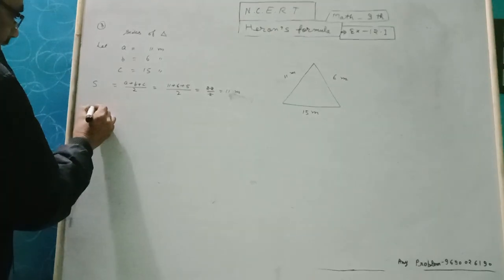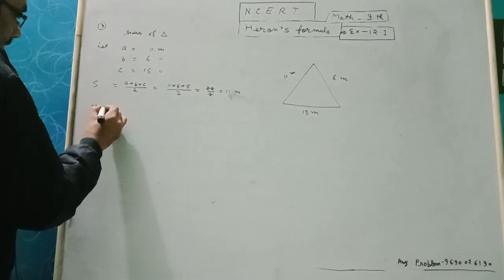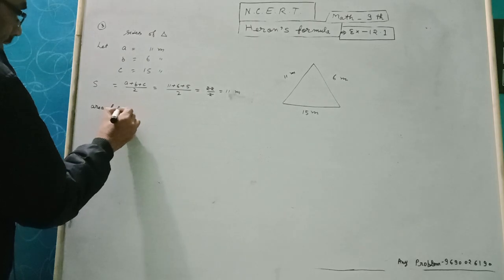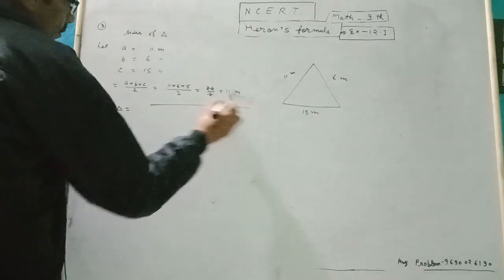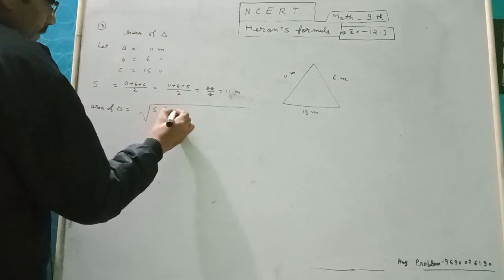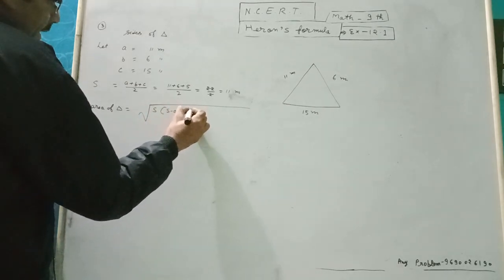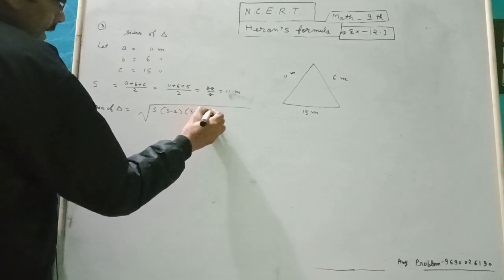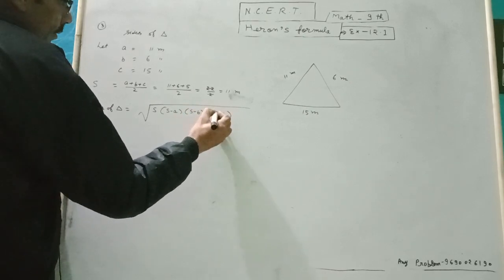Heron's formula: area of triangle is equal to under root S (S minus A)(S minus B)(S minus C) is the formula.